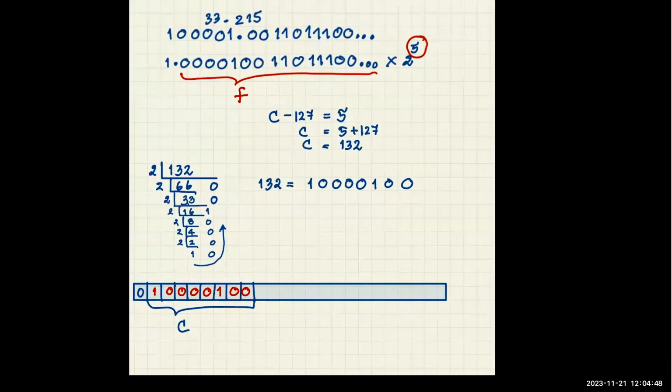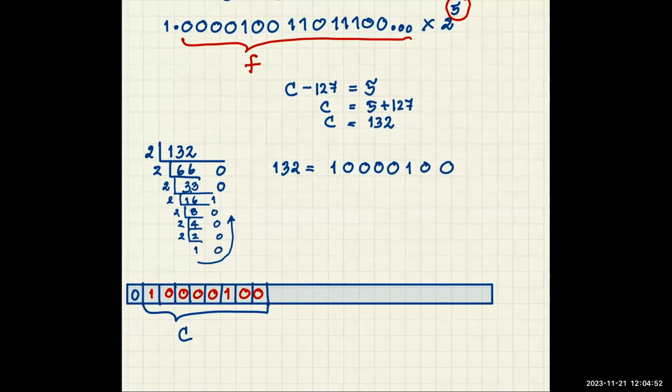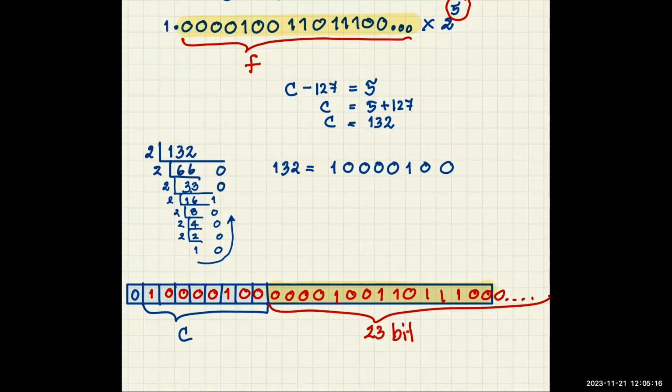You have to copy the F part here. You can see that you store the number 0 first, C is just the biased exponent, and then F is this part.